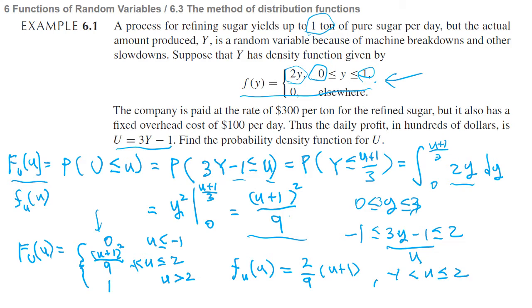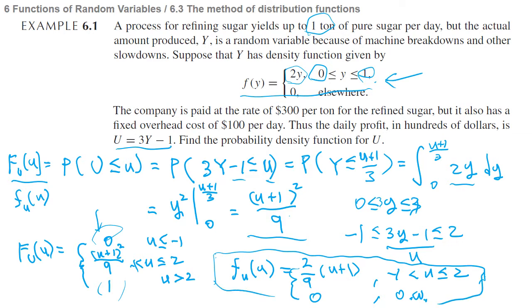And as you know, differentiating a constant, 0 or 1, gives 0. So f_U(u) is defined like this, and 0 otherwise. Okay, so here's what you get.